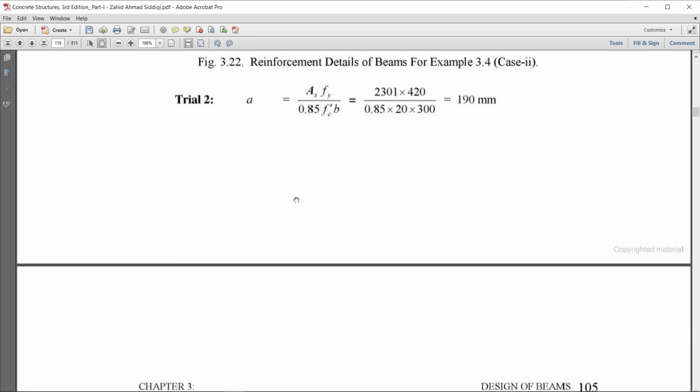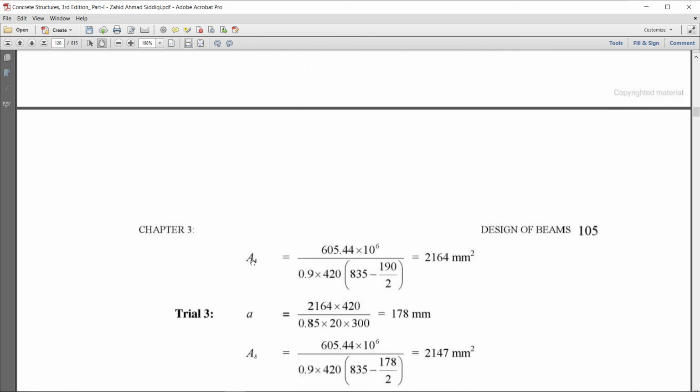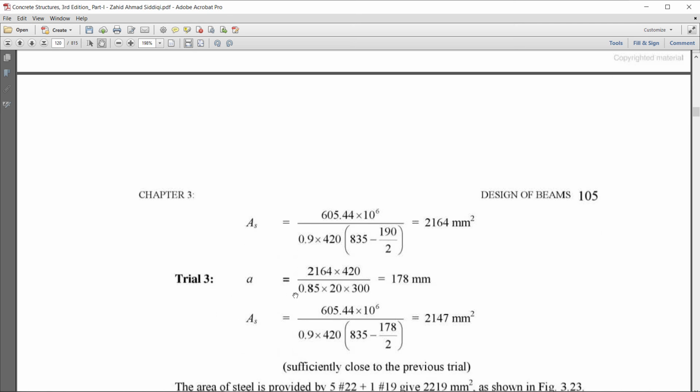Then you will put it in the equation again and get the area of steel. The area of steel value is 2164 millimeter square. In this equation only a is different. So now you will again calculate the value of a. The value of a is 178 millimeter. After getting the new a value, get the area of steel value also.